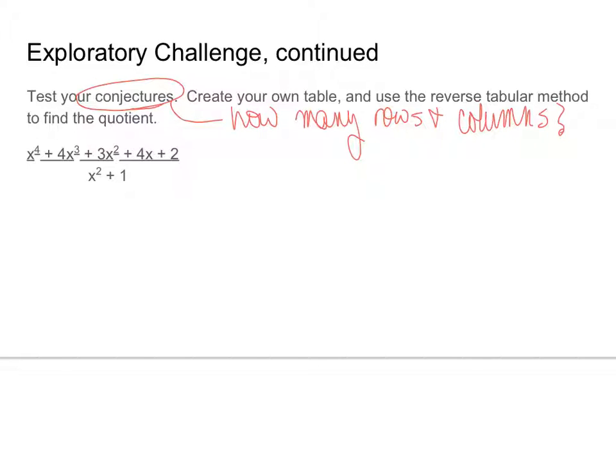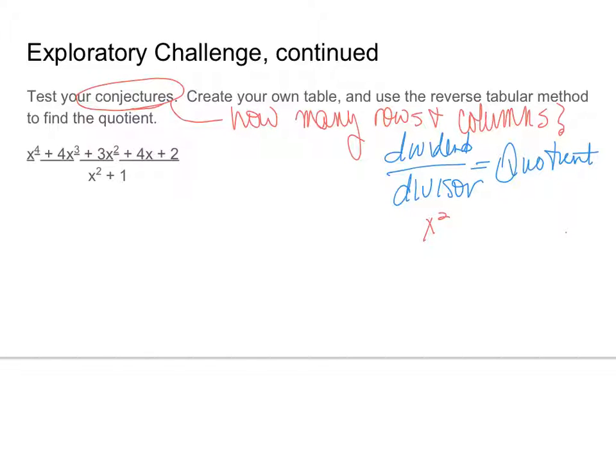We have our quotient, which is equal to our dividend over our divisor. If I look at the problem we just previously did, our dividend was the highest power of x squared. Our divisor was the highest power of x. Let me get to that problem again. Like I said, you have this in the sheet in front of you because you just did it. There we go. Yep. We're trying to find our quotient.